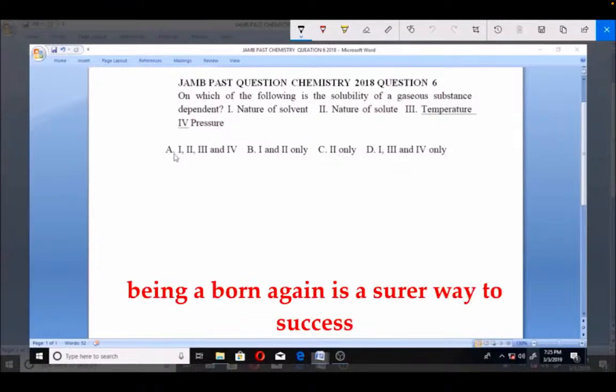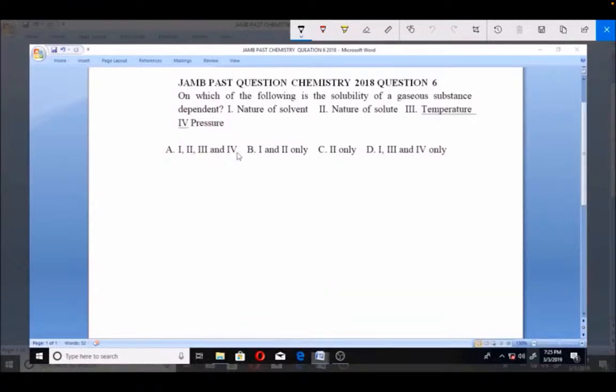Option A: I, III and IV. B: I and II only. C: I only. D: I, III and IV only.